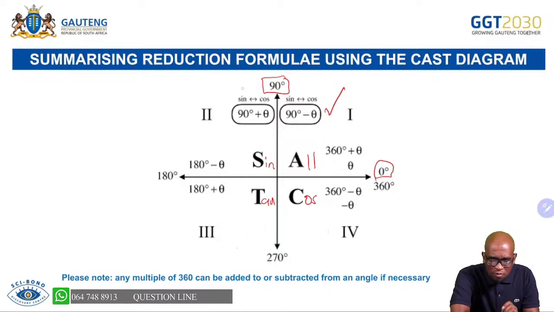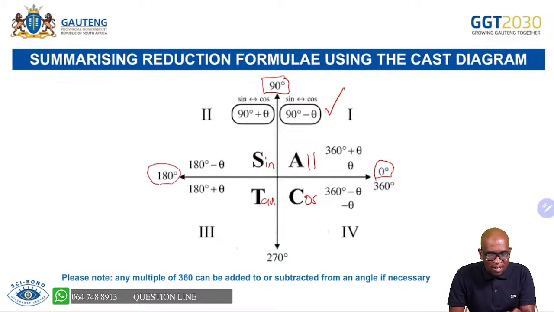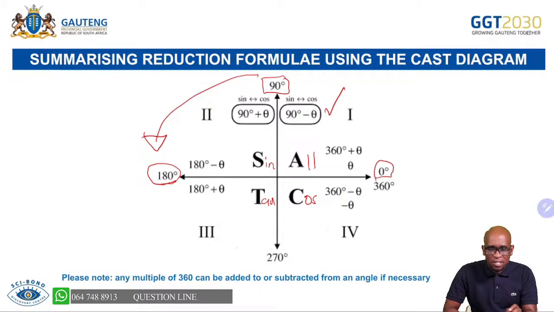Now, if you move to the second quadrant, we get what we call the obtuse angles. The obtuse angles are greater than 90 but less than 180, because this line here represents 180. So we are moving from 90 to 180. So the angles in the second quadrant are less than 180.